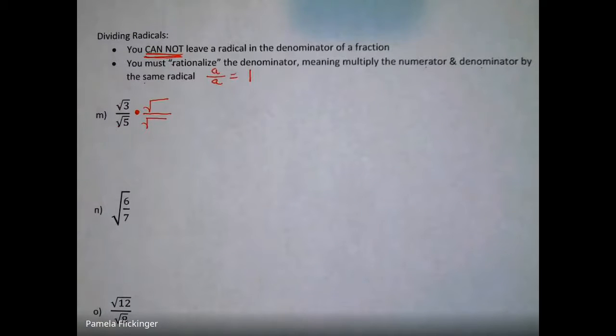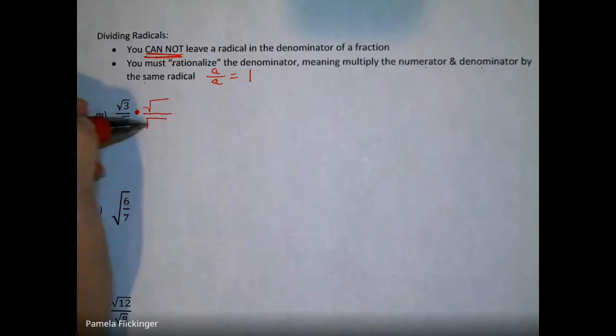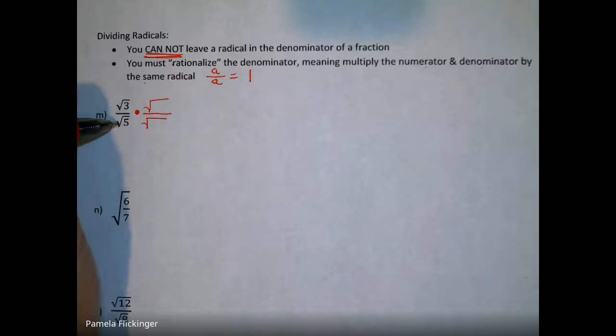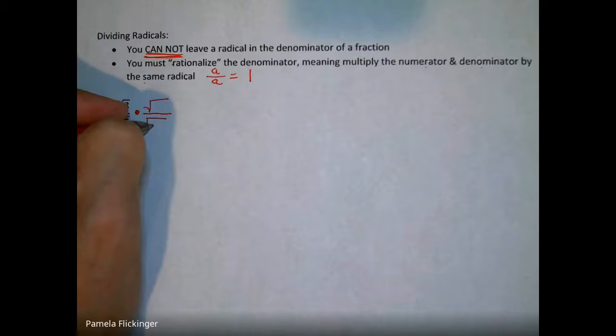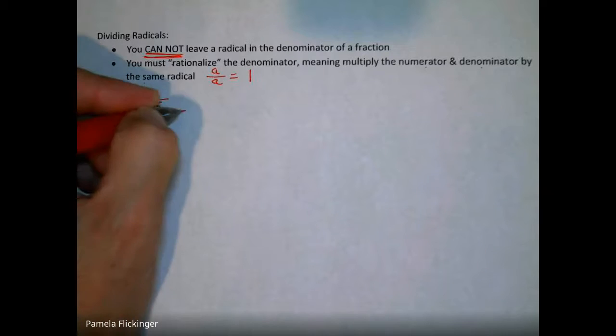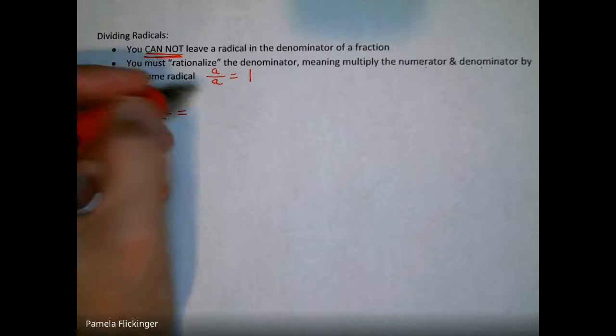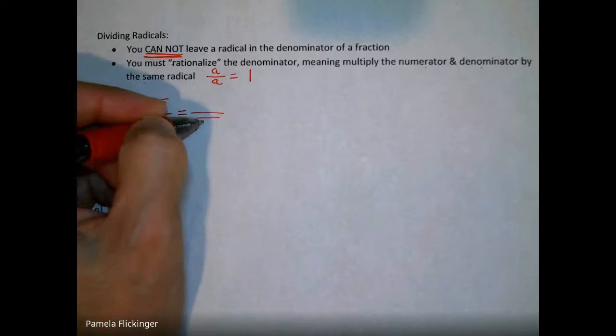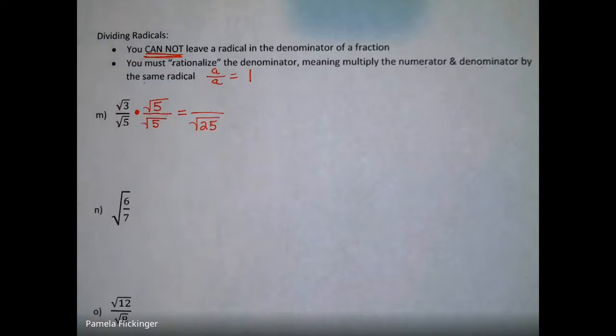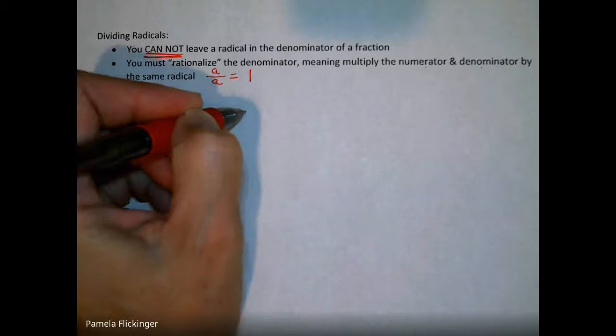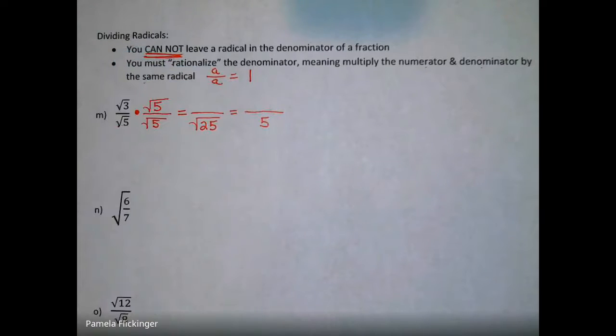It's got to be the same. But the object is to turn the bottom into a perfect square. So the easiest way is just to simply multiply it by the same radical that's there. So if I multiply the square root of 5 times the square root of 5, I will get the square root of 25 on the bottom. And the square root of 25 is a perfect square and just becomes 5.